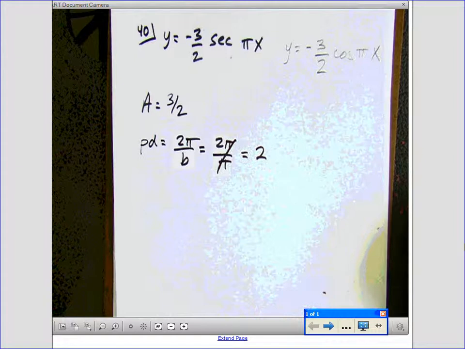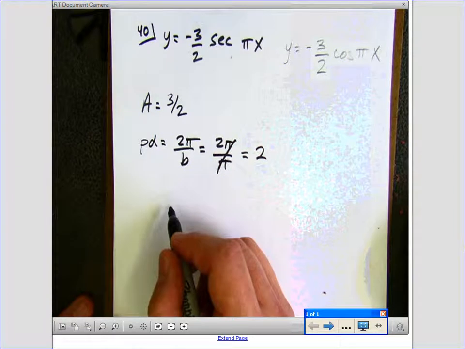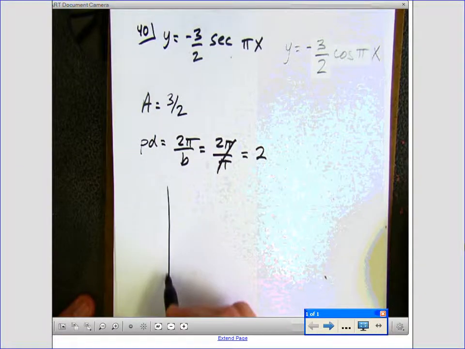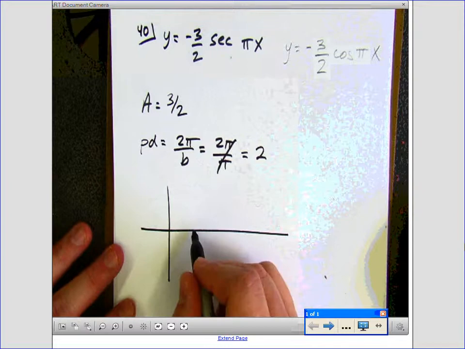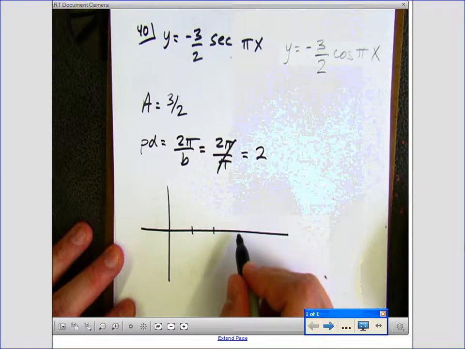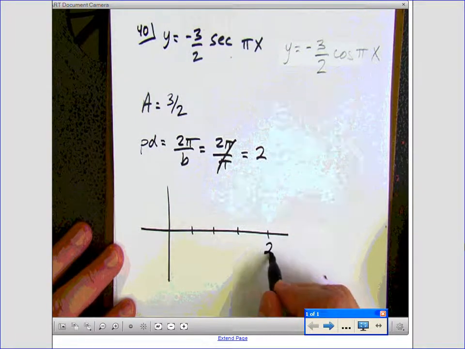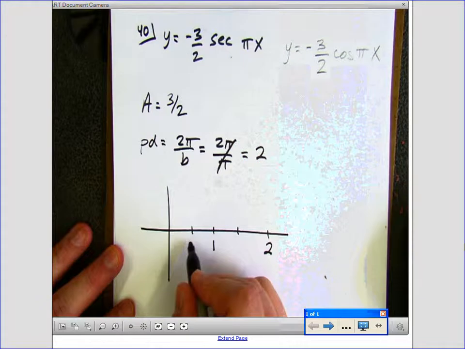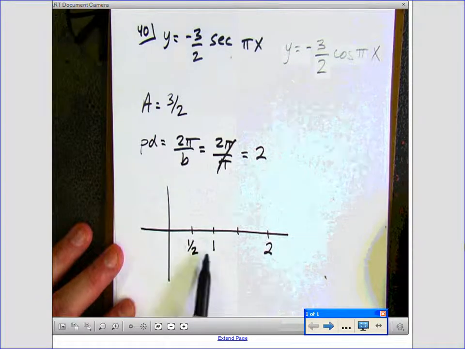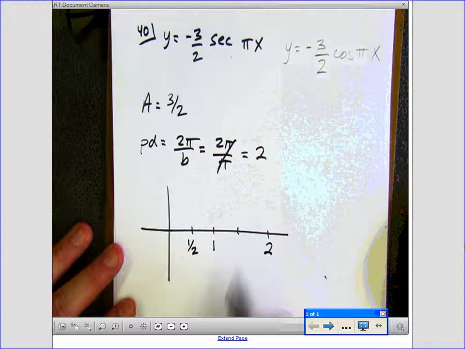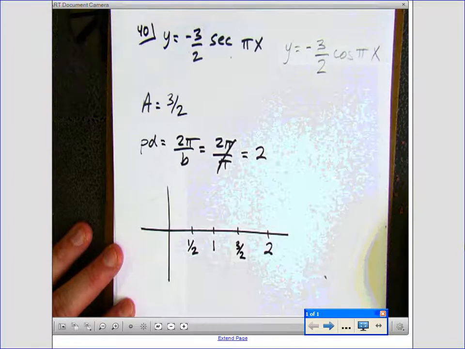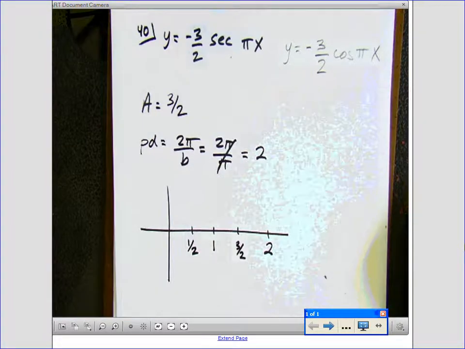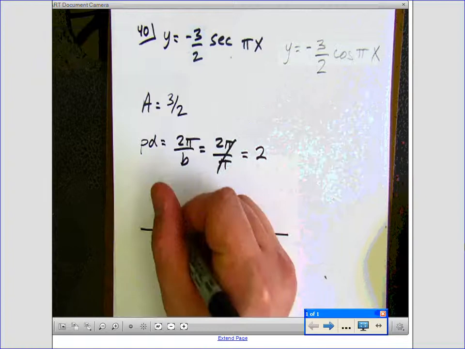All right. Let's graph the cosine curve now. So here we go. 1, 2, 3, 4. This is going to be 2. Half of 2's 1, half of 1's a half, so every unit's a half. 1 half, 2 halves, 3 halves, 4 halves. Amplitude, we got just 3 halves.